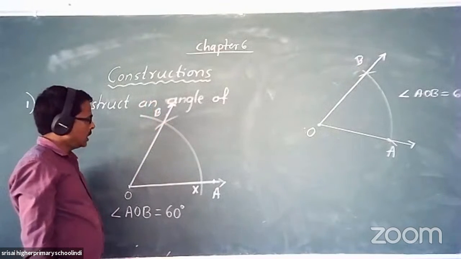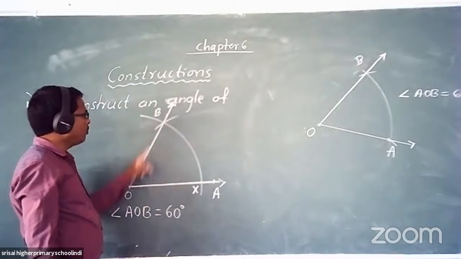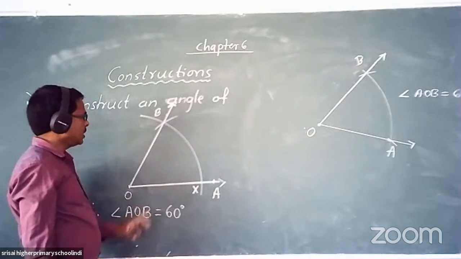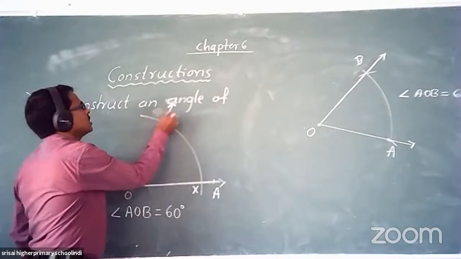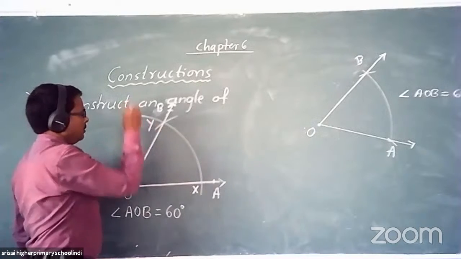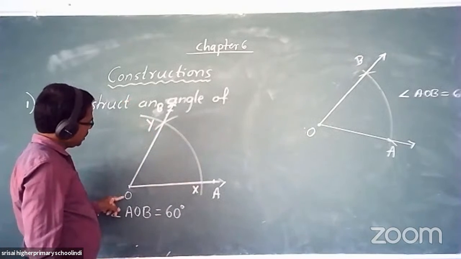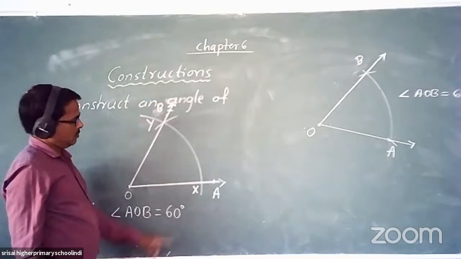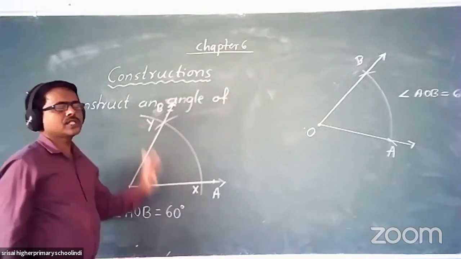Angle AOB is 60 degrees. Or you can put this B on this side. X you have taken, here you take Y. Join OY and extend. Now angle AOB is 60 degrees.